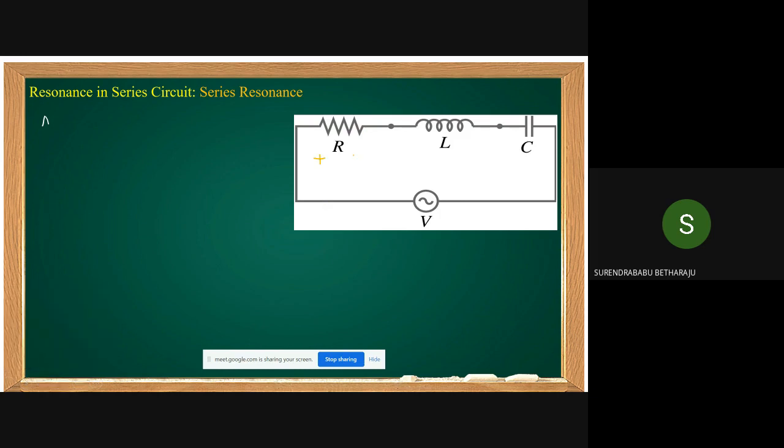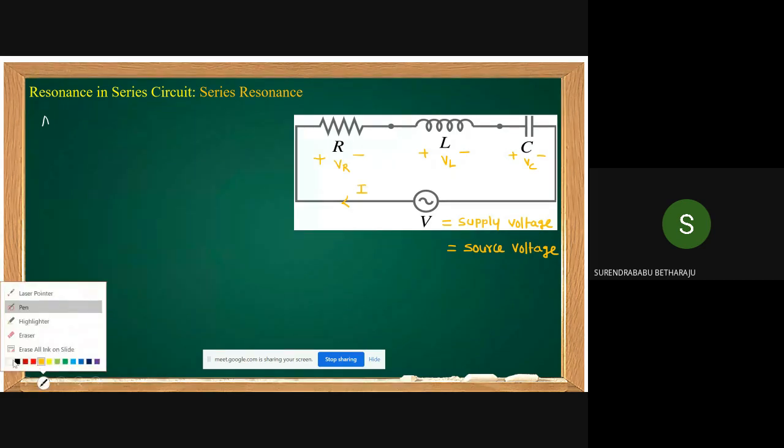Let the voltage across the resistor be VR, the voltage across the inductor be VL, and the voltage across the capacitor be VC, and the current through the circuit is I, where V is the supply voltage, also called the source voltage. VR is the voltage across the resistor, VL is the voltage across the inductor, VC is the voltage across the capacitor.